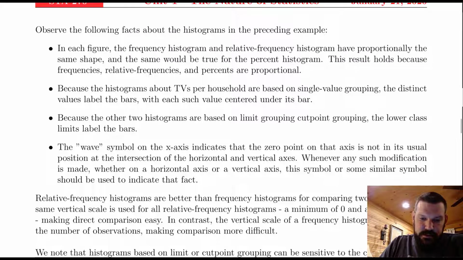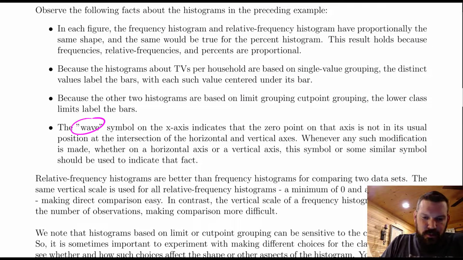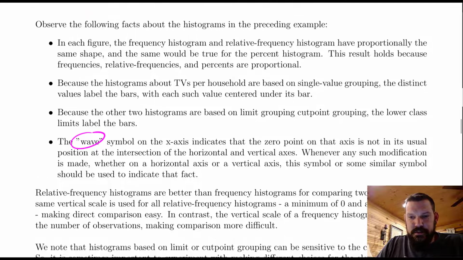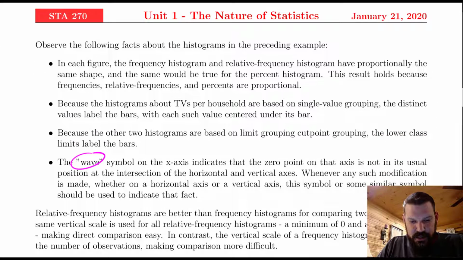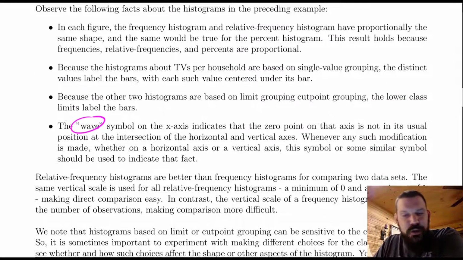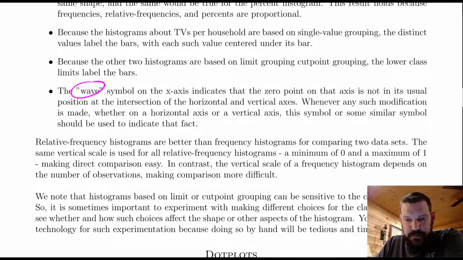You can see, here's the word I was looking for, wave. That's what I used in my notes, and I said some squiggly line or slash. I don't know what I said, but anyway, use the wave or 2 slashes to indicate that the axis is not to scale between 0 and whatever your first value point is.